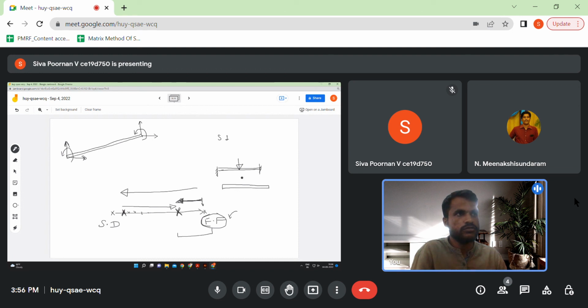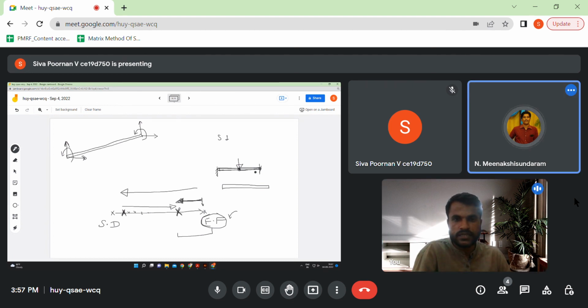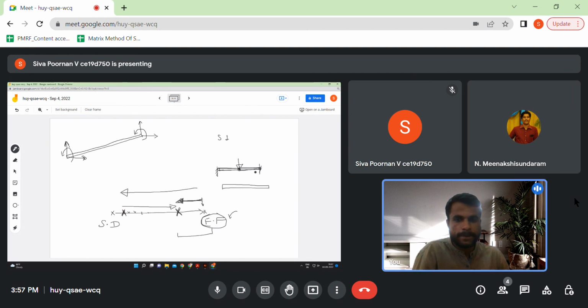So what you can do is split it into two elements, so that this is also not a fixed beam, and then you would be able to solve it. If you put it in a program as a two element problem, it would be able to solve it. Okay, so yeah.